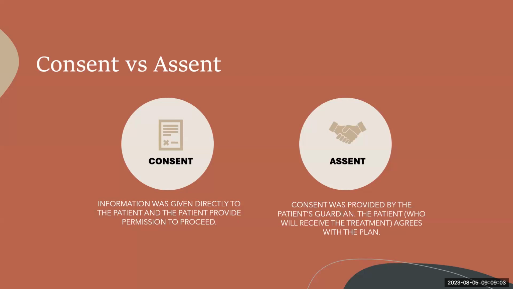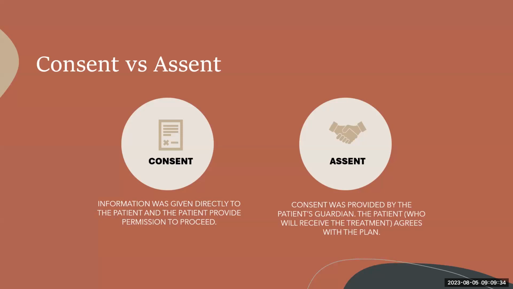So legally in the United States, if you want to perform any kind of procedure on a patient who is a minor, which in the state is less than 21 years of age, you need to obtain the consent from their legal guardian, meaning their parents or whoever the law recognizes as their guardian.